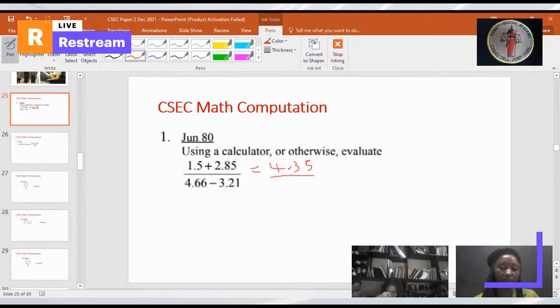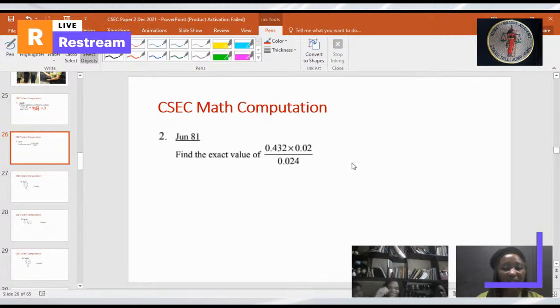Yes, miss. 4.66 minus 3.21. Miss, I got 1.45. All right, so what's the next step? Miss, we're going to divide. When we divide, miss, you get 3. 3 exact. Okay. Yes. All right.